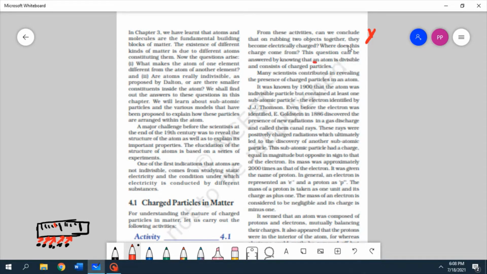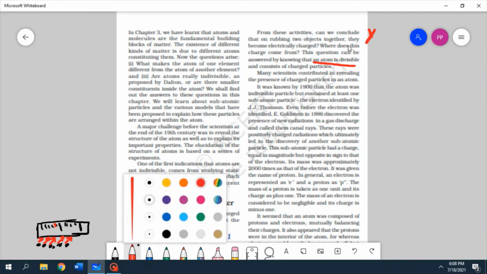An atom is divisible. Contrary to Dalton's atomic theory and contrary to the postulates of early Indian and Greek philosophers, an atom is divisible. It is not indivisible. It can be divided into subatomic particles. That's what we call them.